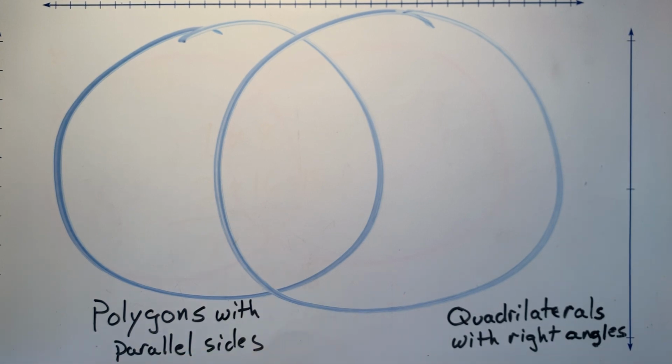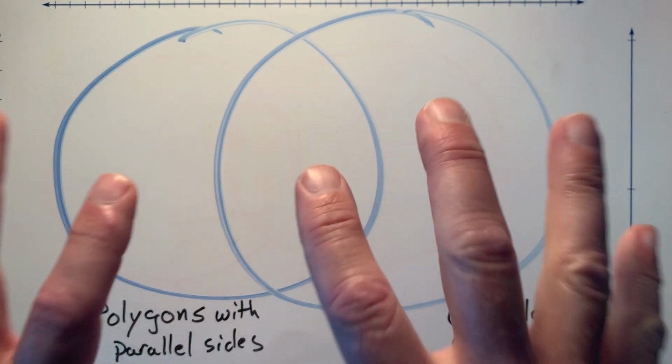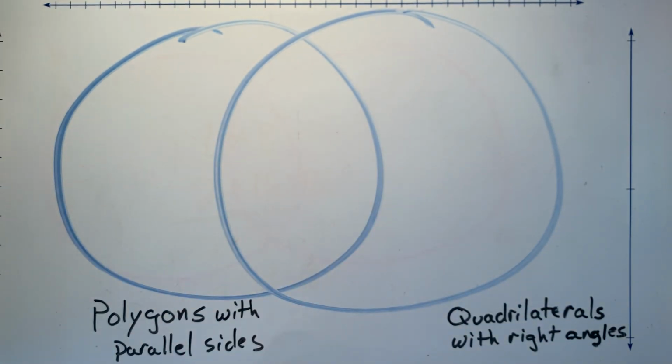In math, we call these conditions. You may call them the rules for the circle or the Venn diagram, but we call them conditions. And the conditions that I am looking for are polygons with parallel sides and quadrilaterals with right angles. Now, placing them into the polygons is not necessarily hard, but we're going to have to pay attention.